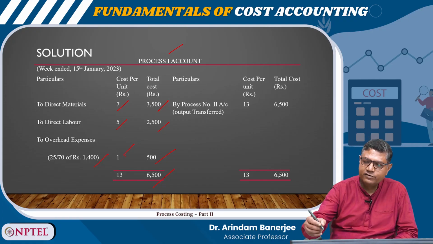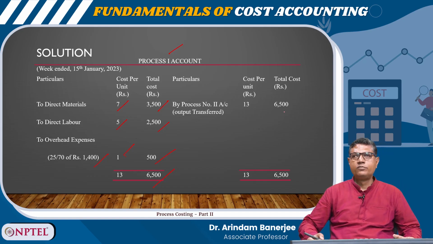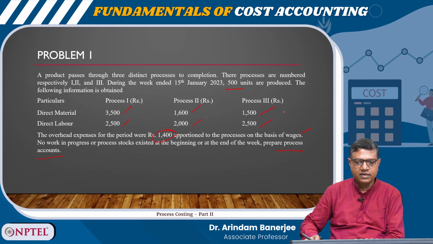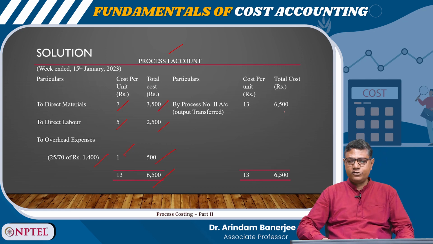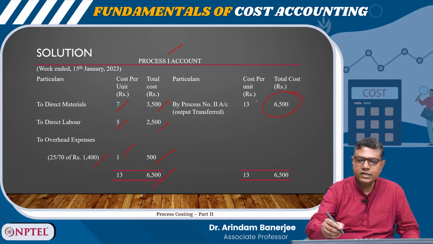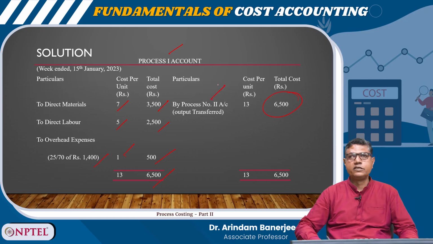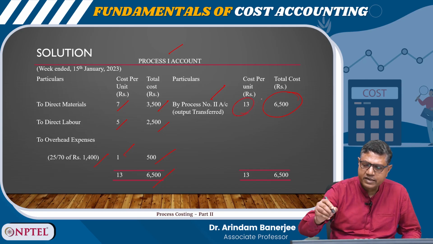So, 6500. There is no question of normal loss or abnormal loss. It is given here, no process stock, and work in progress is also not there. So, I am transferring the entire 6500 to the next process, that is process 2, and my per unit cost will then come at 13.